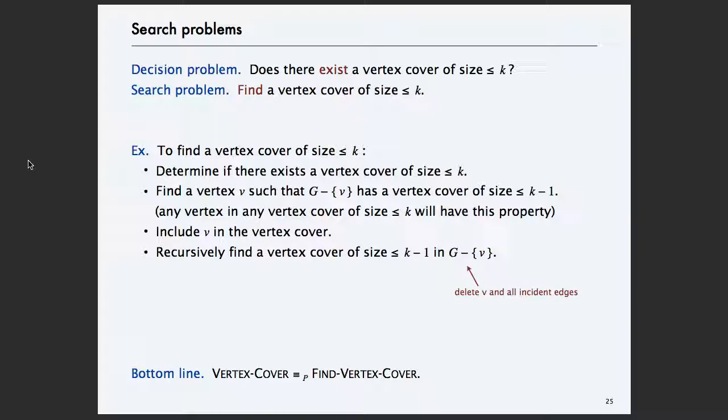So if I have a solution to the decision problem, how can I solve the search problem? Well, I can eliminate one vertex and see if I can find a solution of size k minus 1. If I do, then that guy is in my solution of size k. And I can recursively go through that.